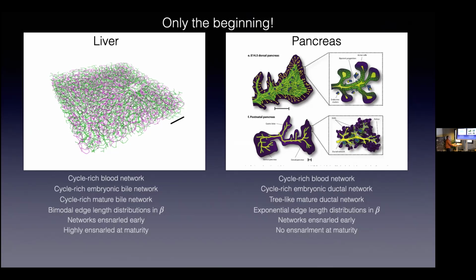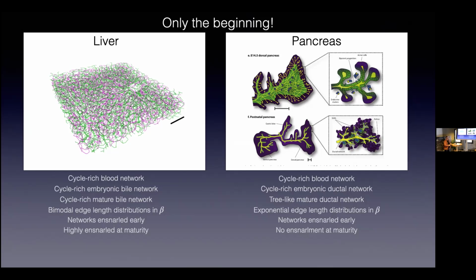The actual edge-length distributions of the network itself, if you don't look at beta, stay perfectly exponential in the pancreas and have this strong departure from exponentiality in the meat of the distribution for the liver. Both networks have this property of being ensnarled with each other early, but only one of them stays ensnarled, largely because the other one falls to a tree. So there are some interesting similarities and differences.